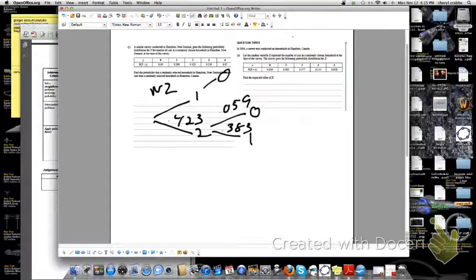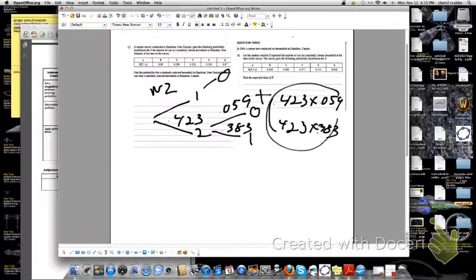Now I just checked the answer and it does work. So if you go 0.423 times 0.059 and 0.423 times 0.383, and then obviously add those together, you get 0.186966. And if you check the answers, that's the second value that they add together.